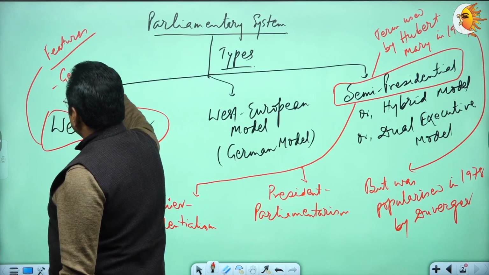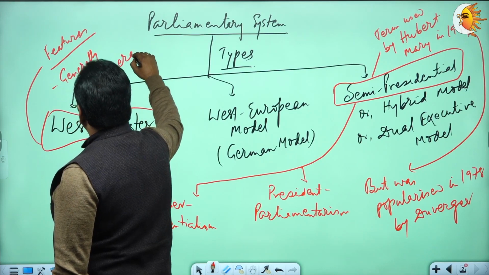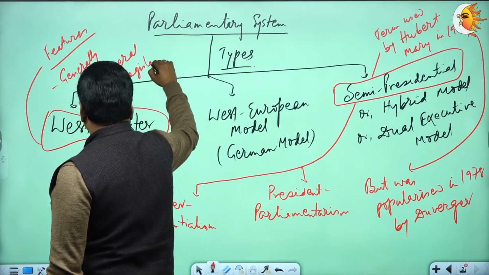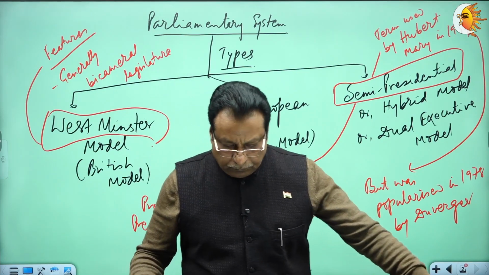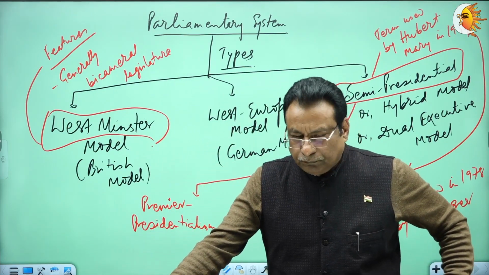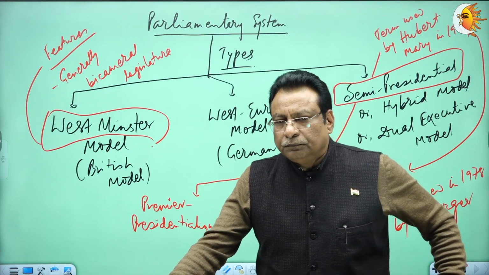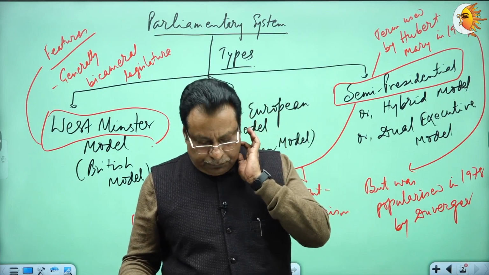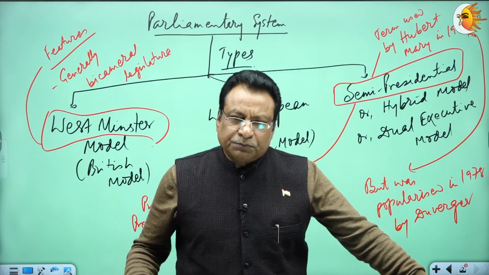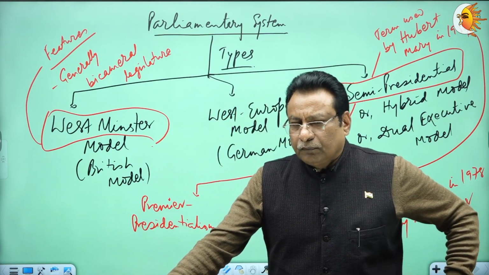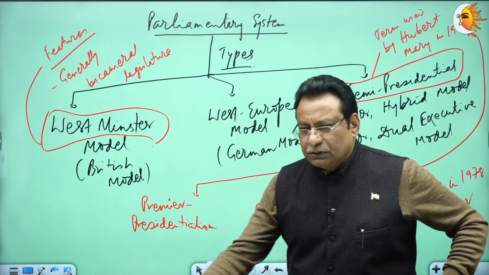Like, you can note down, first characteristic feature of Westminster model or British model: generally bicameral legislature comprising two houses, means two houses.